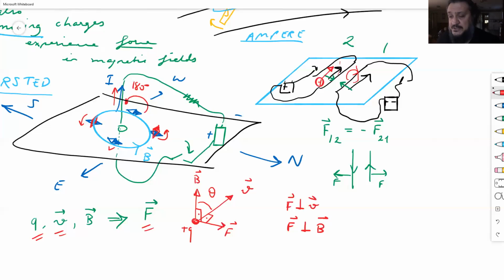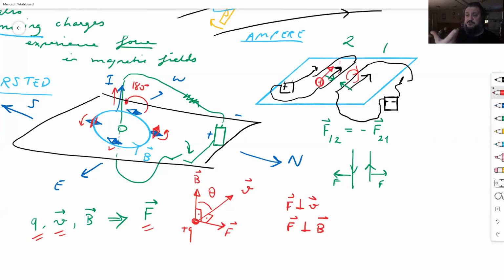And actually, there's a second version of the right-hand rule, which will give us what direction the force will be. Remember, the first one was you put your thumb in the direction of a current and wrap your fingers around the thumb like this. That will be the direction of the magnetic field loop. That's rule number 1, or version 1.